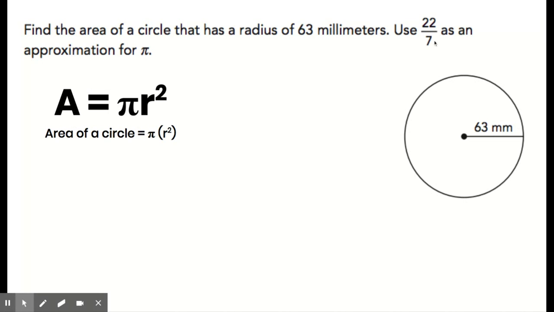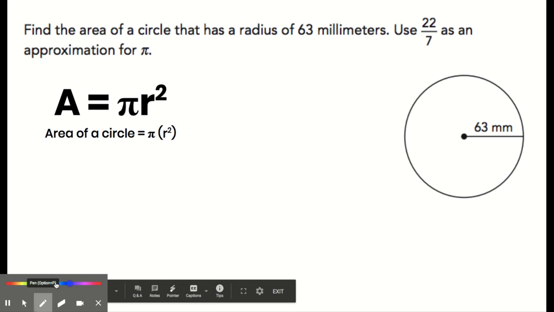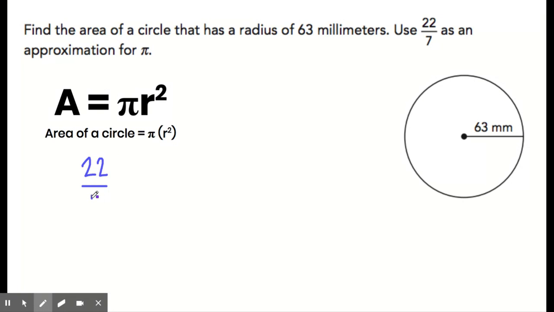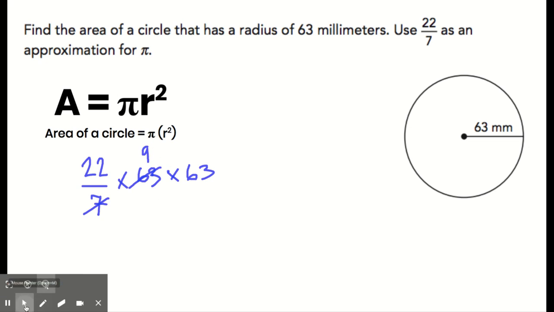But in this case, you are using 22/7 as an approximation for pi. So pi times radius, which is 63, r squared means you're multiplying the radius twice. And as usual, if you can cross cancel it out, 63 divided by 7 is 9, and then you just multiply across. I'll see you in a moment.